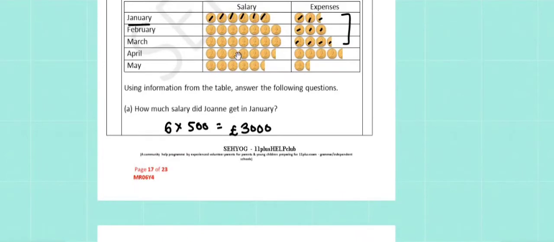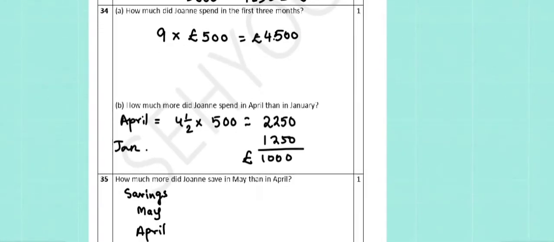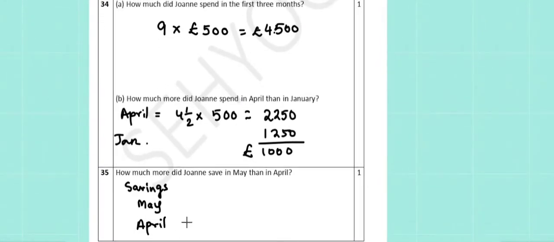Now in April, the salary is 1, 2, 3, 4, 5, 6 and a half coins, and we will multiply that with the 500 pounds value of each coin.